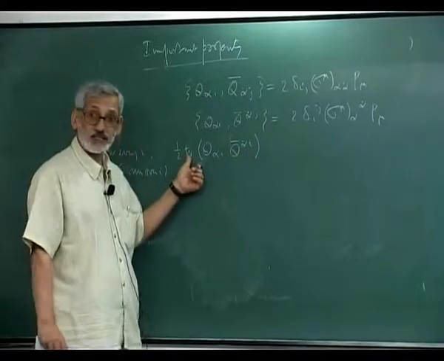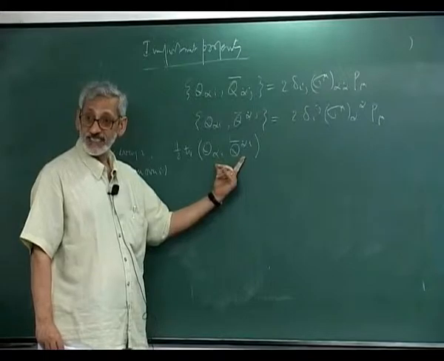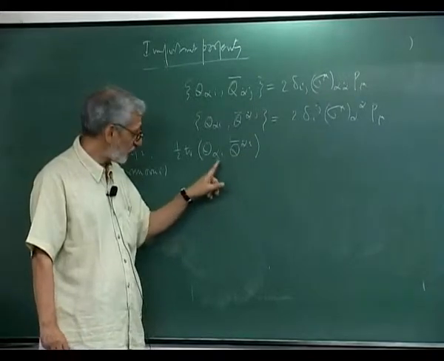So the trace is in the Dirac space, the spinorial space, in the sense that you are summing over alpha.